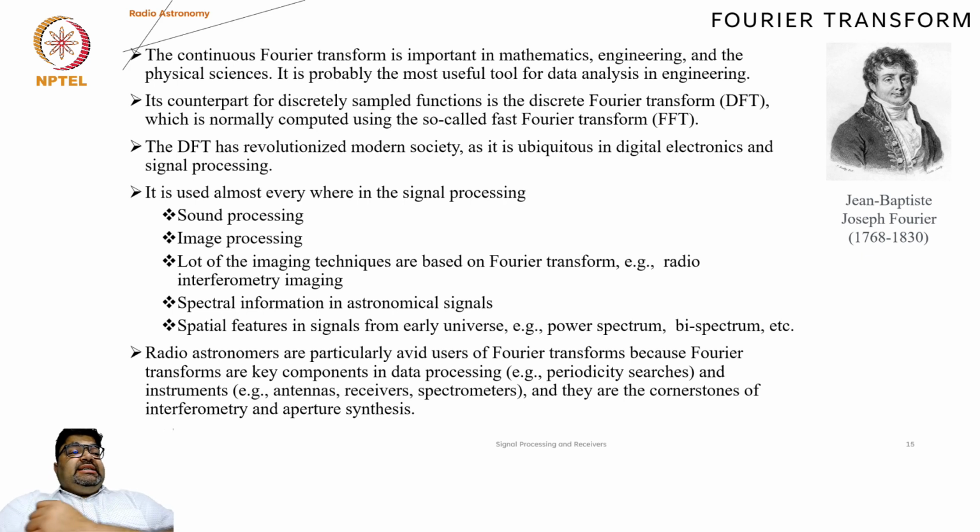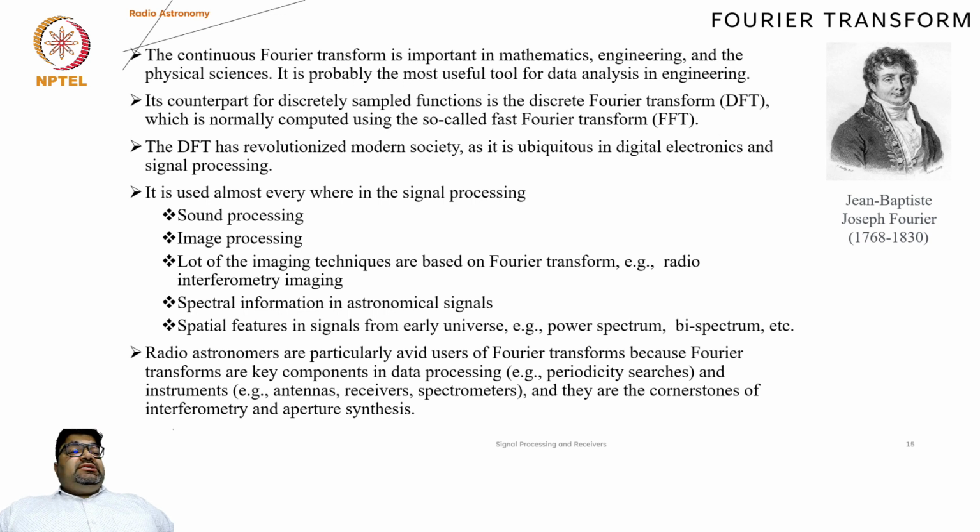Lots of imaging techniques are based on Fourier transforms, like radio interferometric imaging, spectral information in astronomical signals developed by Fourier transform, Fourier spectroscopy, spatial features in signals from the early universe, power spectrum, bispectrum, etc. are all developed based on this single piece of work called Fourier transform.